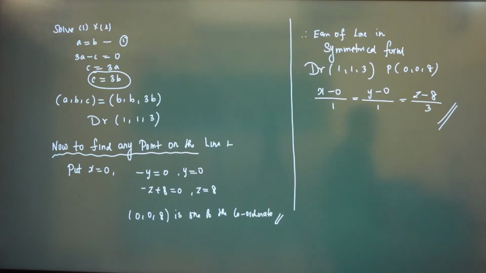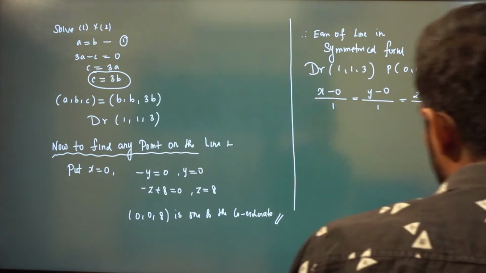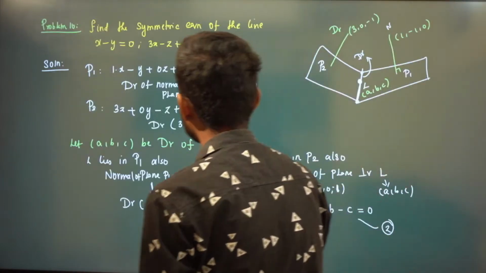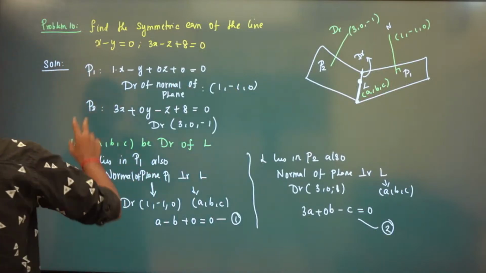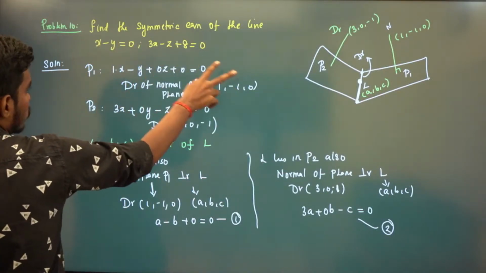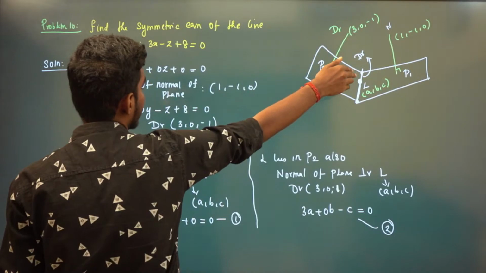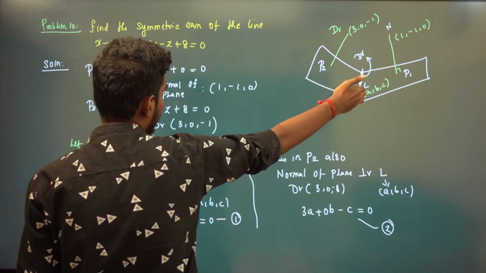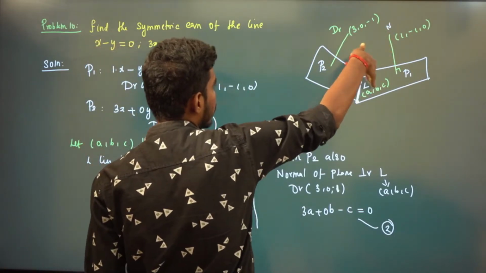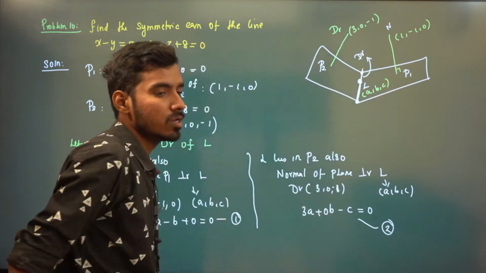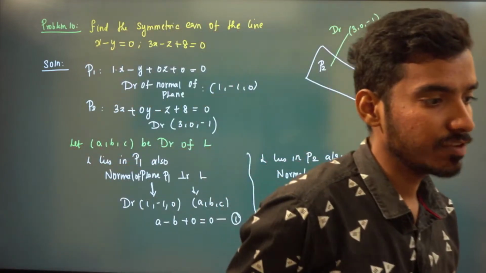So whenever you are given two planes, that is the equation of the line in general form, it is very easy to convert to symmetrical form. For the direction ratio, let us assume it is a, b, c. They are perpendicular, so you will have two equations in terms of a, b, c.